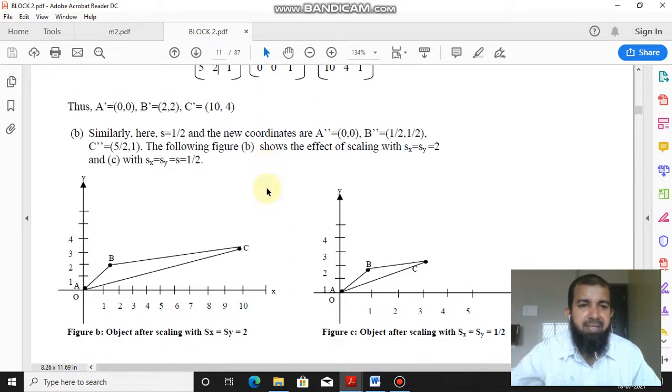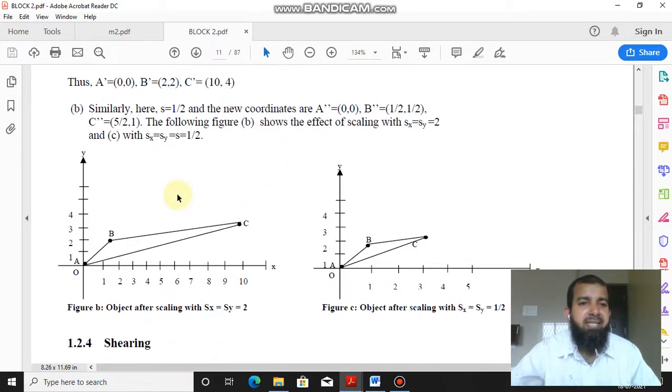Clear? Then the second problem. Similarly here S is equal to half, which means it is reduced. With S equal to half, the new coordinates are A' equal to (0, 0), B' equal to (half, half), C' is equal to (5/2, 1). The following figure B shows the effect of scaling with Sx, Sy equal to half.